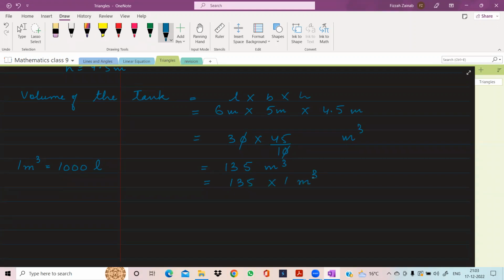It's the same thing, right? So this 1 meter cube, you can replace with this 1000 liter. So this is 135 into 1000 liter, clear? So just multiply, so 135 and 3 zeros liter. This is the volume of the tank in liters.